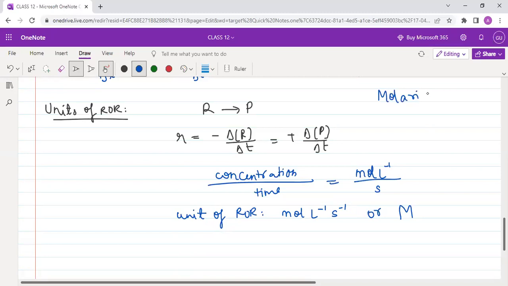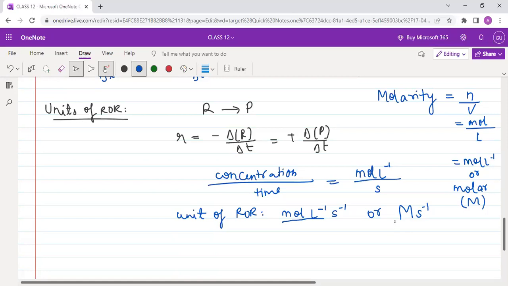Molarity is equal to number of moles upon volume, the unit of number of moles is mol, and the unit of volume is liter. So it can be written as mole per liter. This mole per liter is also called molar, and the symbol for it is capital M. That's why in place of mole per liter, somewhere capital M is also written, and along with it per second. So the unit is mole per liter per second.